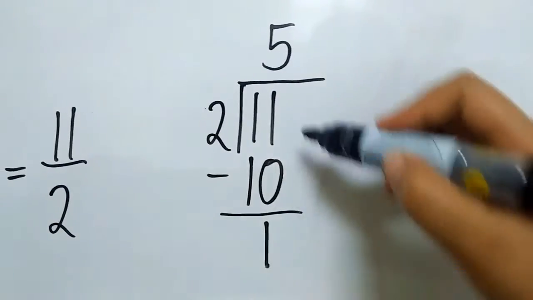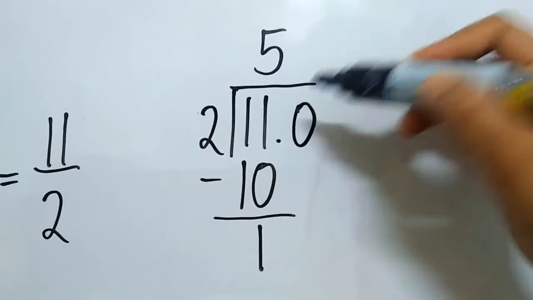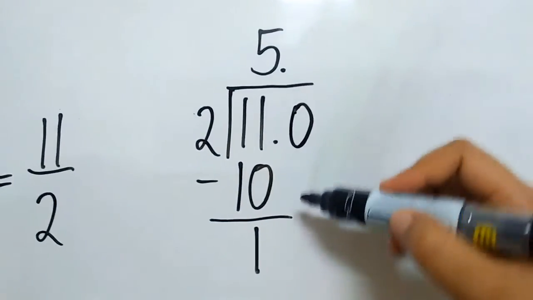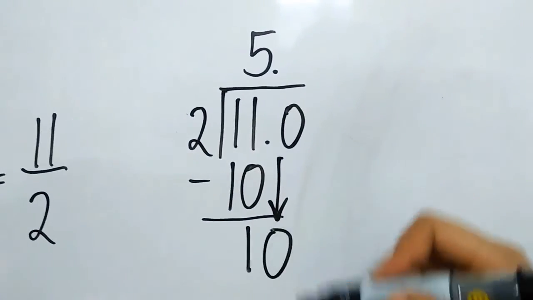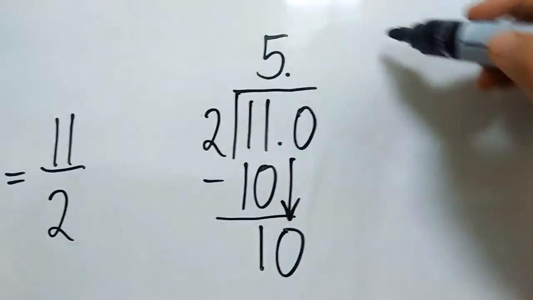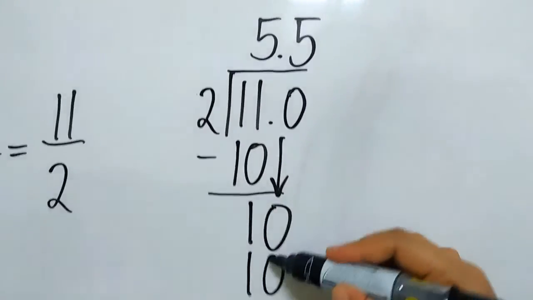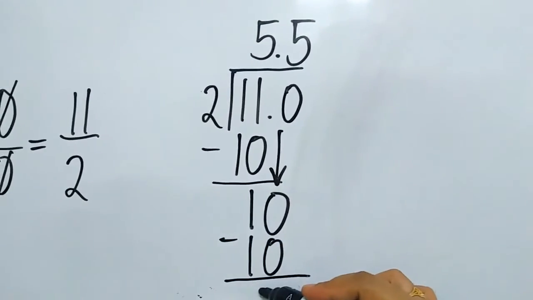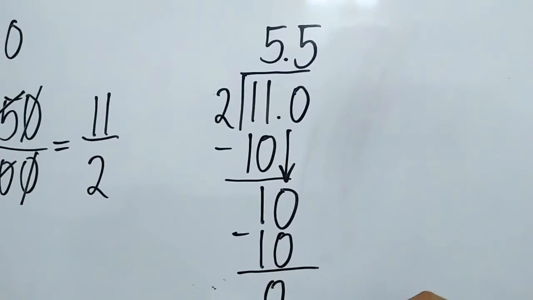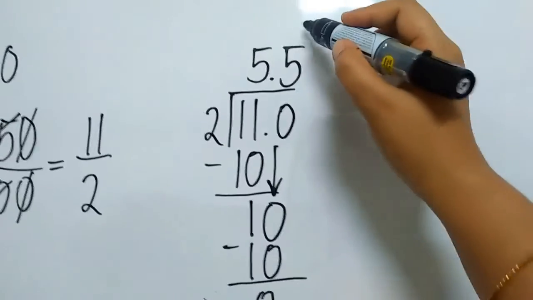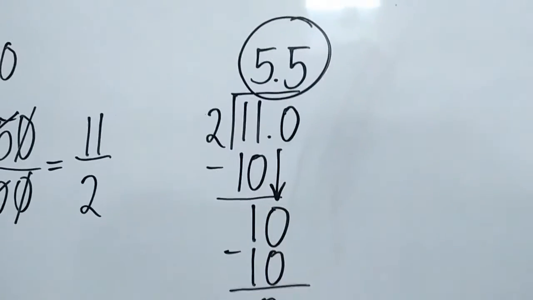Still have a remainder, so we can add one more 0, add a point here, and bring down 0. 10 divided by 2 is 5. 5 times 2, 10. Subtract, it will be 0. It means 1% is 5.5.